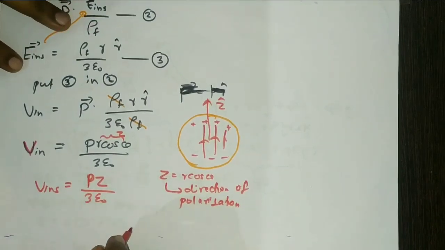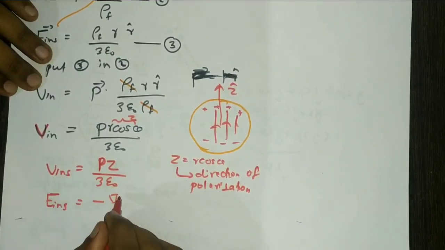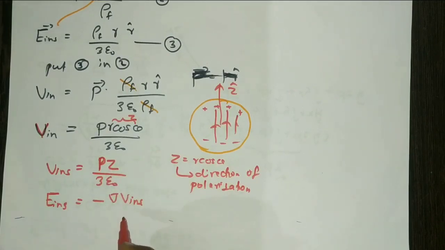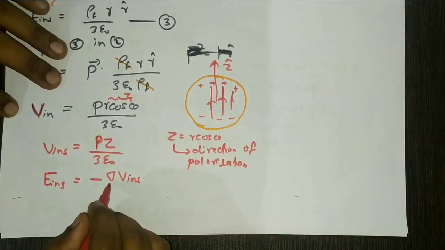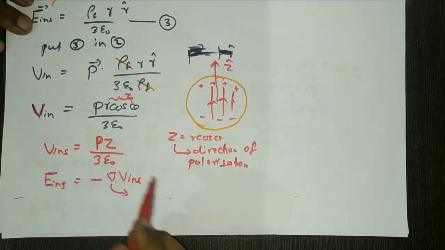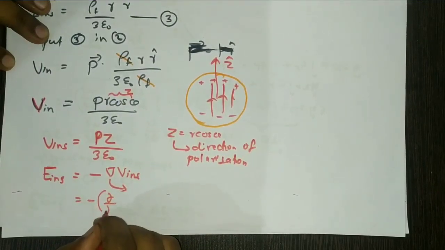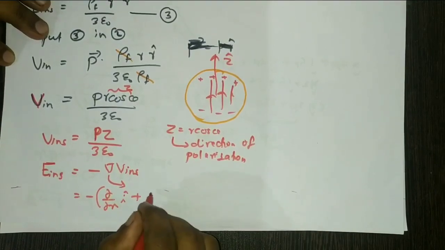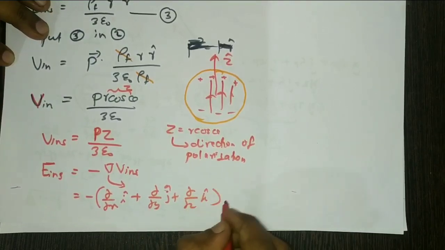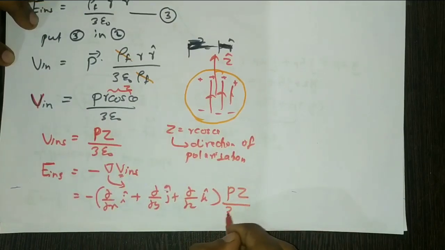epsilon 0. The electric field inside can be written by taking the negative gradient of this potential. Just substitute this equation into this one, where this del can be written in Cartesian coordinates because we have z in Cartesian. This can be written as minus dou by dou x i cap plus dou by dou y j cap plus dou by dou z k cap, acting on the potential V, that is P z by 3 epsilon 0.